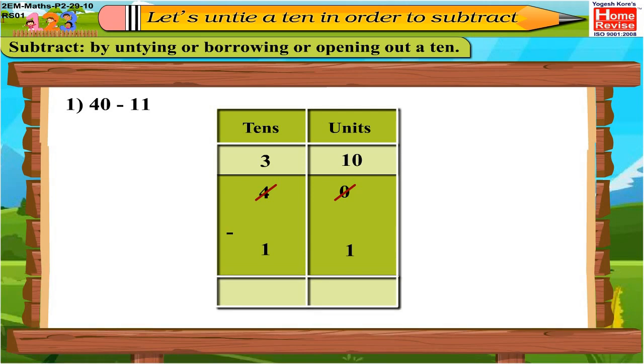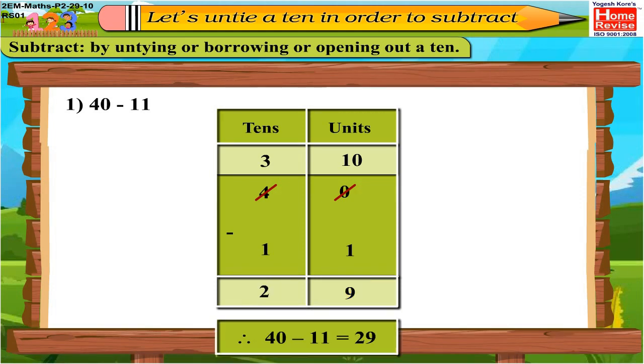Now subtract 1 from 10 units, that is 9 units, and 3 tens minus 1 ten is equal to 2 tens. Thus we have 2 tens, 9 units, that is 29. Therefore, 40 minus 11 is equal to 29.